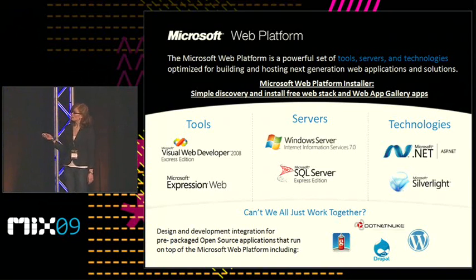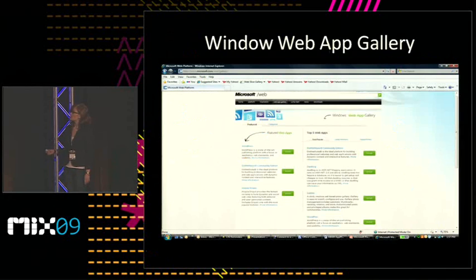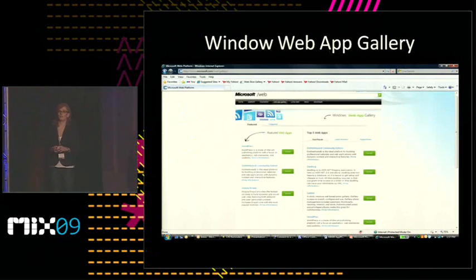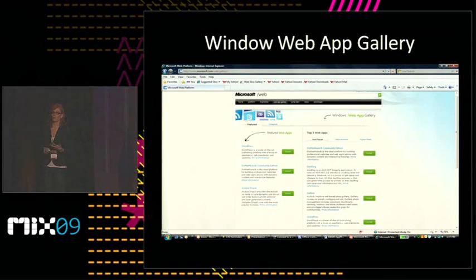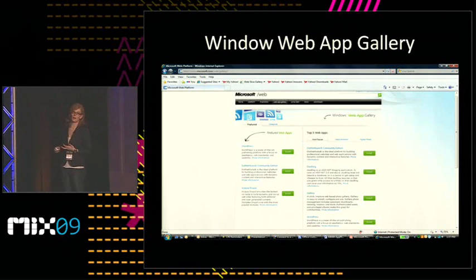So the next component here that I want to talk about is the application specifically. So yesterday we announced the Windows Web Application Gallery, which is a community hub for a variety of different community applications. Like I said, WordPress, Drupal, there's a bunch of different applications, DotNetBlog, DotNetNuke, open source PHP applications, and .NET applications that are included in the Windows Web Application Gallery.